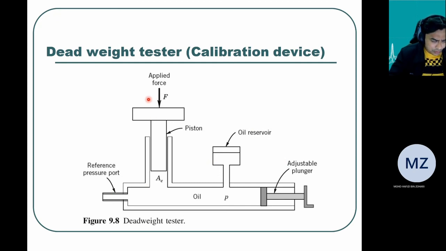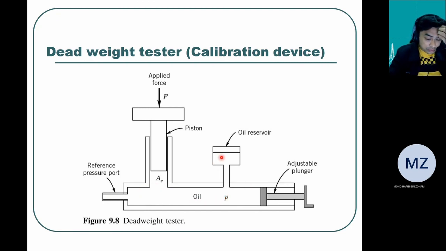Up to here, applied load. We give the load here, and then this is actually the area. We have the area here and we have a load, so we can calculate the pressure. We know that if we transfer the pressure to the fluid, it will be distributed uniformly inside all the liquid inside this pipe.